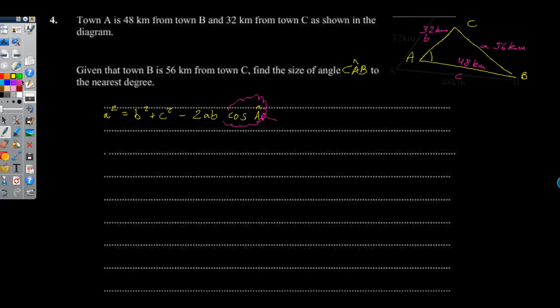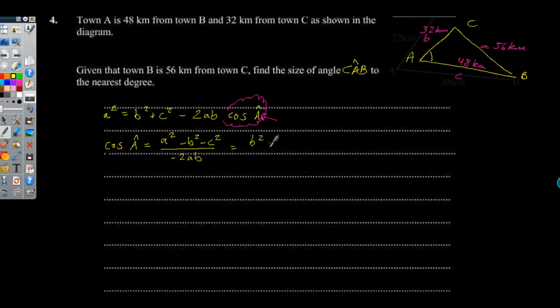So what you want to be doing is rearranging this for cosine of the angle A, and you're going to get A squared minus B squared minus C squared over negative 2AB if you rearrange.